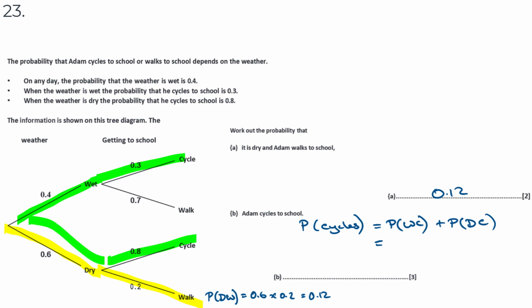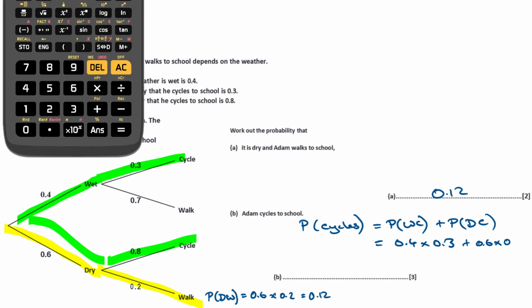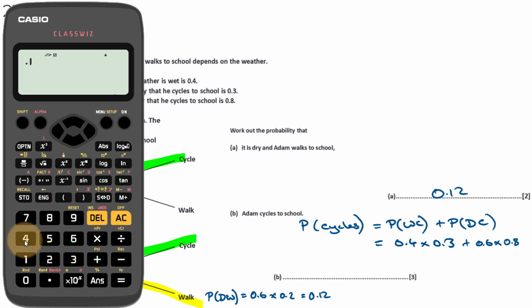Now probability of wet cycle is going to be the probability of wet, 0.4, times the probability of cycle, 0.3. And the probability of dry cycle then is going to be probability of dry, 0.6, times the probability of cycle, 0.8.